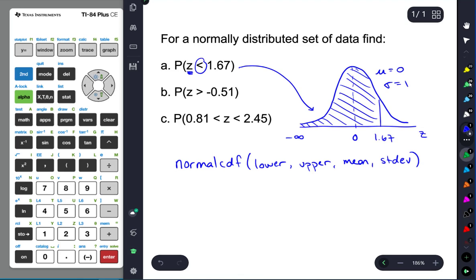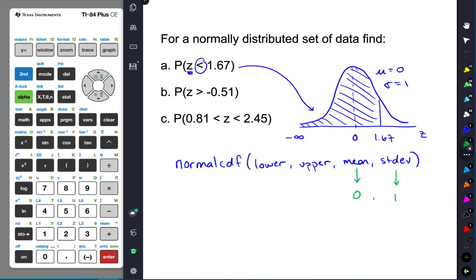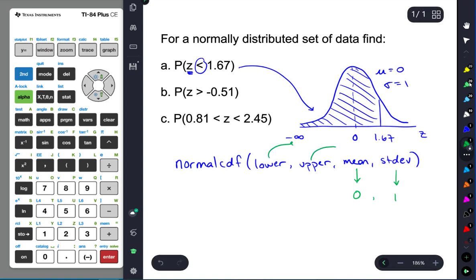All right, so the mean and standard deviation are of course going to be 0 and 1 because we're on a standard normal distribution. The lower and upper bounds are the values that are the boundaries of your shaded region. So in this case, the lower bound is negative infinity, but there's no negative infinity key on the calculator, so we need to use something that's really small.